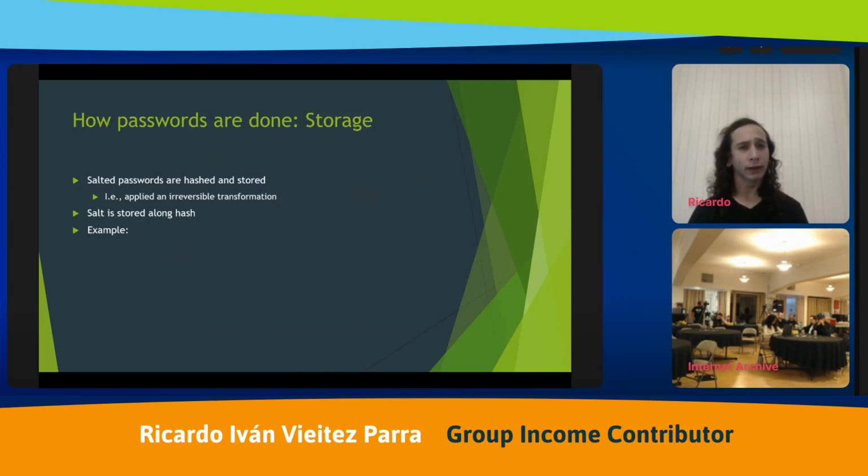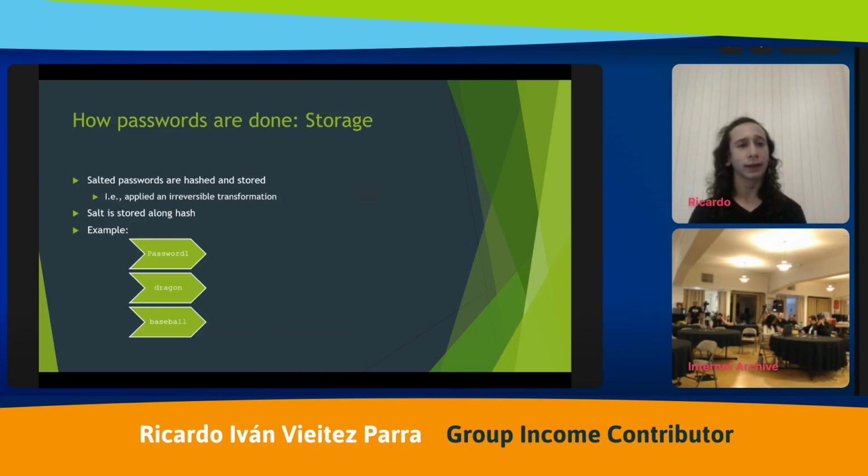Hashing just means that some transformation is applied to it, and the salt is stored together with the hash so that we can then compare the hash.